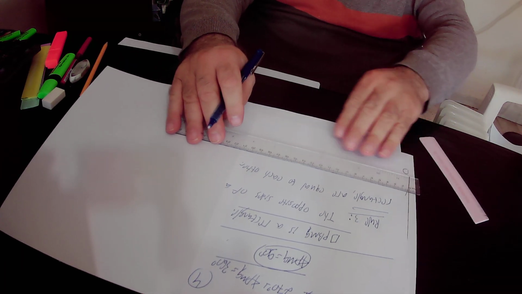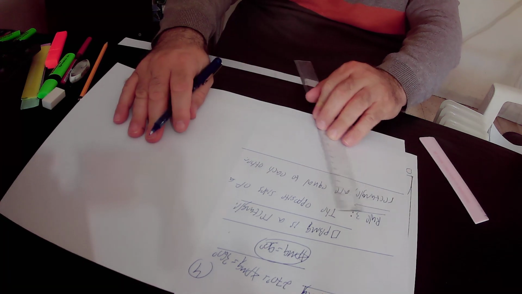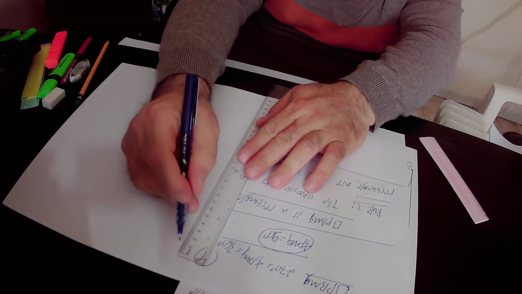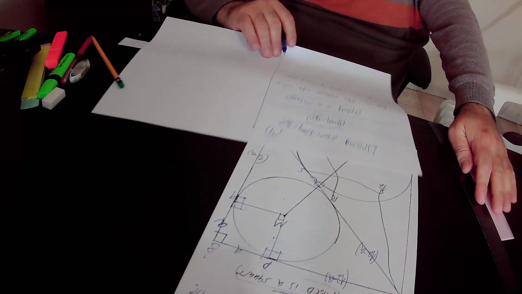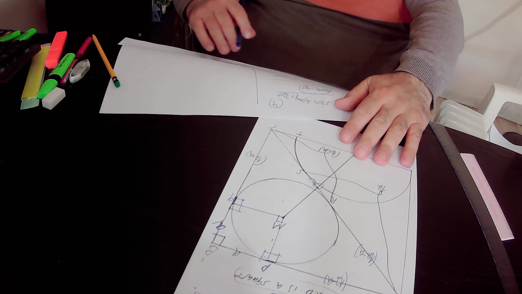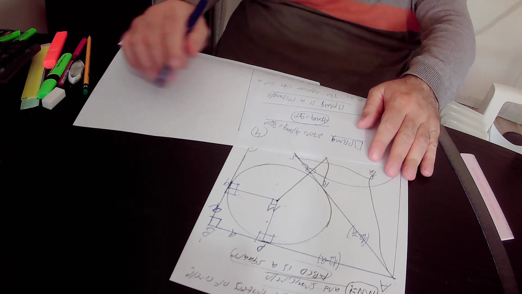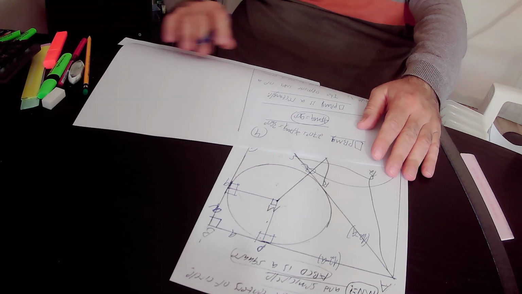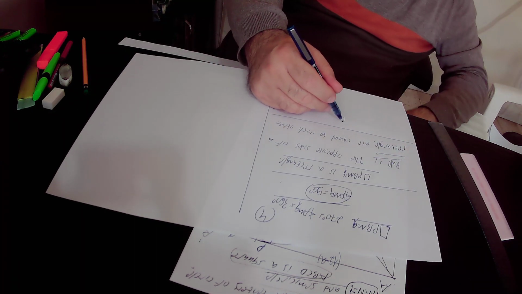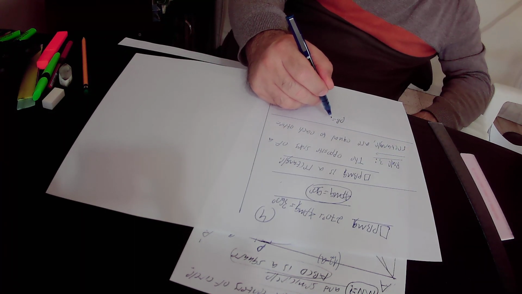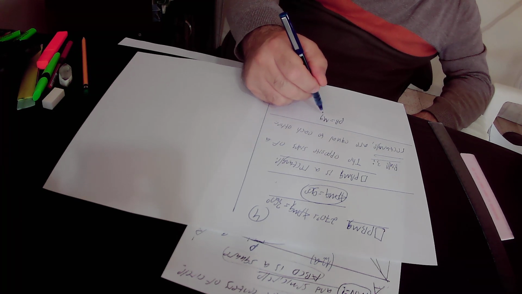I read rule number 3 again. According to rule number 3, the opposite sides of a rectangle are equal to each other. That is to say, in rectangle PBMQ, the opposite sides are equal to each other. It means that PB equals MQ, according to rule number 3.